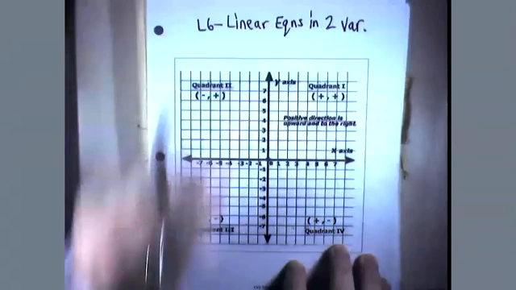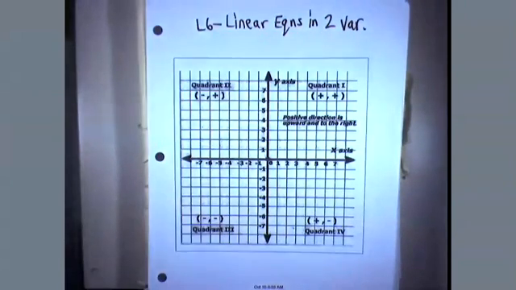And what I have pictured up here is what's called the Cartesian plane. The Cartesian plane is used to not only graph lines, but also plot ordered pairs and even graph linear inequalities later.